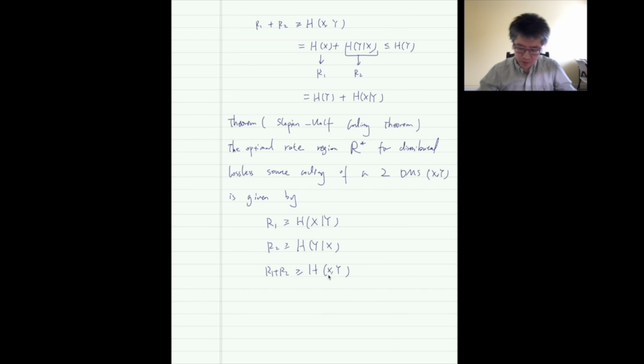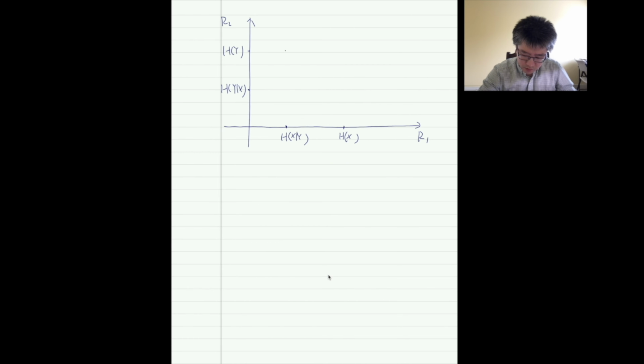So it basically means that this point, and this point, right? Maybe let's mark it more carefully. Because this guy plus this guy will be equal to the joint entropy, right?